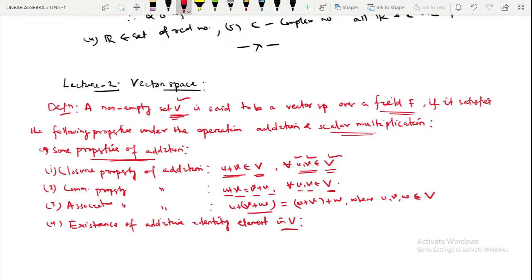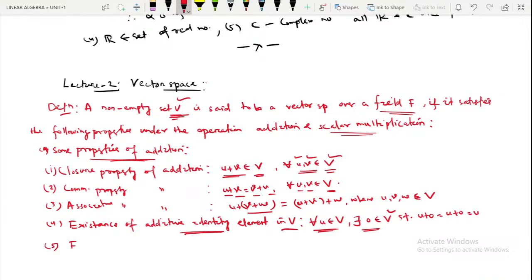That means 0 must exist in V. So we can say for all u belongs to V, there exists 0 belongs to V such that u plus 0 equals 0 plus u equals u. That 0 must be present in the set V. Okay, that is the existence of additive identity element in V.